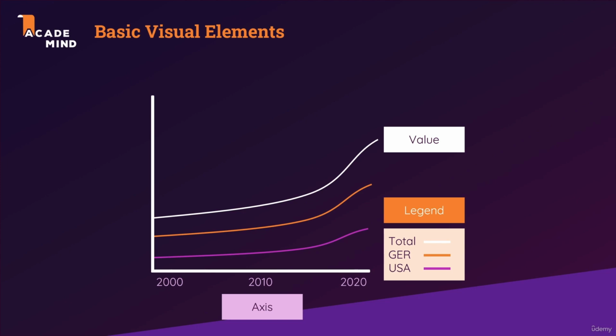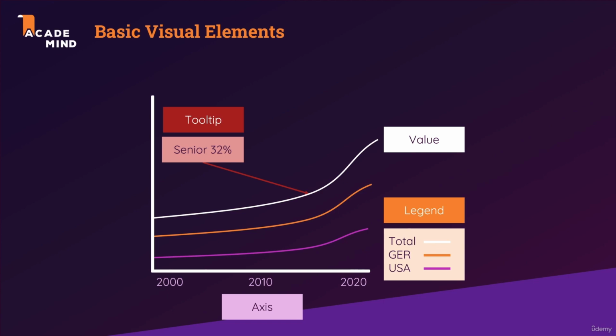Besides axis, value, and legend, a final, very common element of visuals are so-called tooltips. A tooltip is not displayed by default in a visual. A tooltip is only visible if I hover over a certain area of the line chart here, for example.